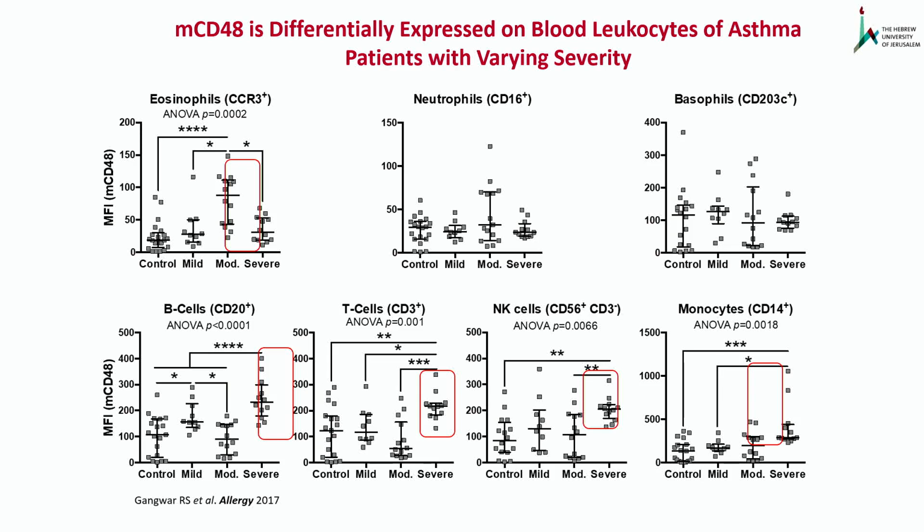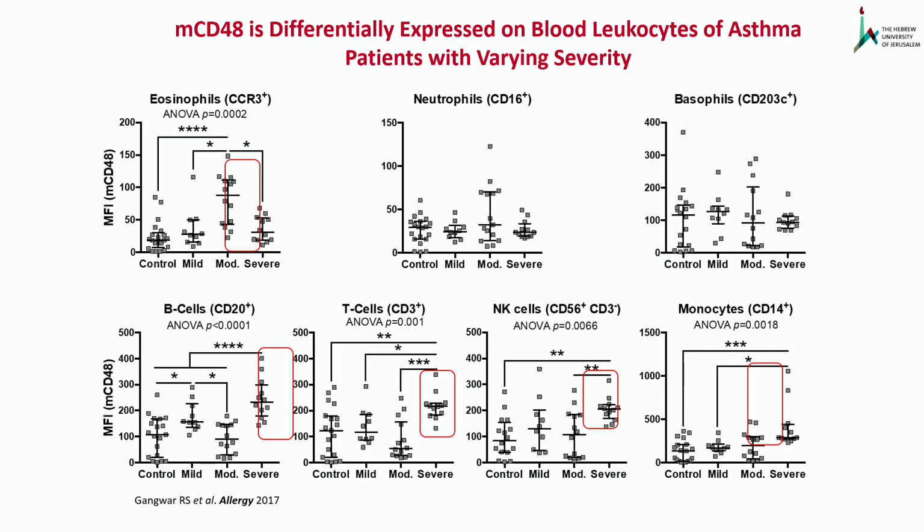So in the big studies that we could carry out thanks to Stephen Holgate, we asked whether the membrane form of CD48, because being a GPI-anchored protein it exists both as a membrane form and a soluble one, could have differential expression on cells of the blood.